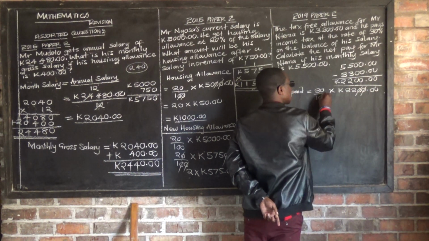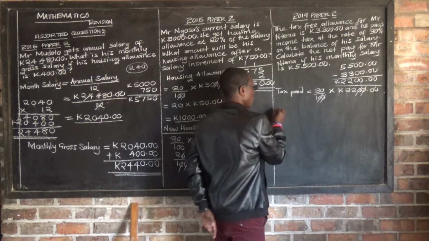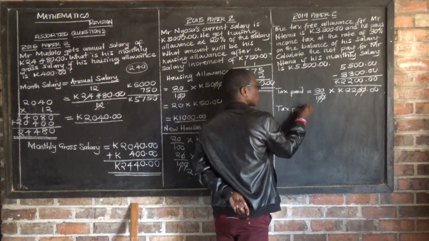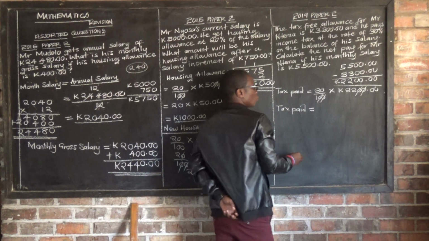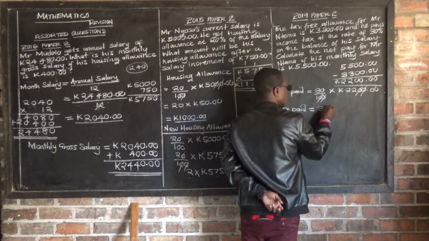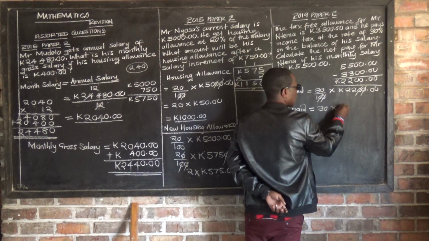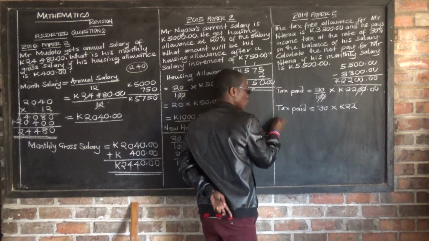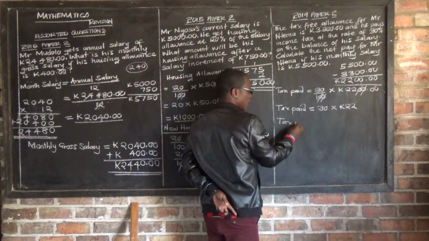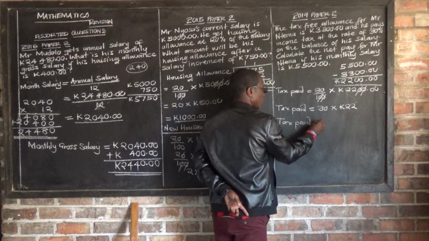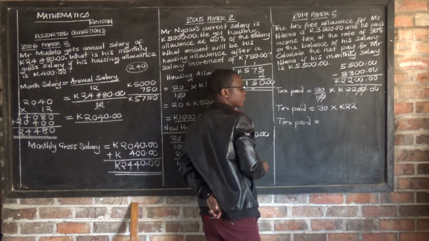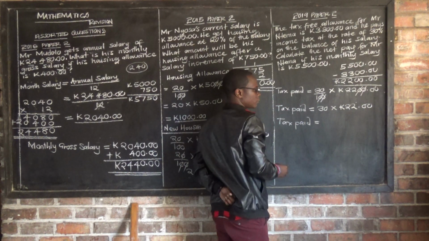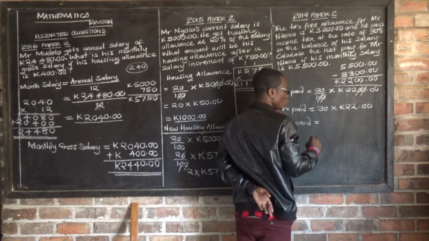So we maintain tax paid is equal to 30 times what, guys? Times 22. Times 22, right, guys? So tax paid is equal to, now multiply. Let's multiply these, guys.